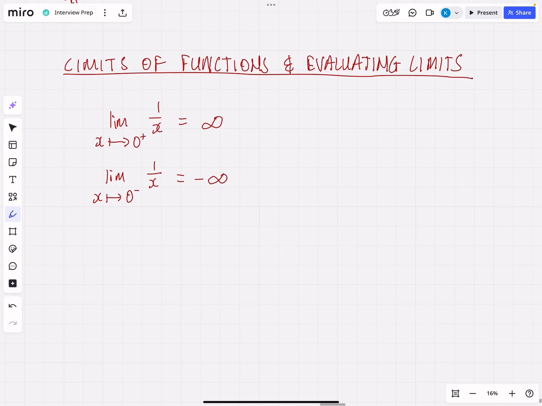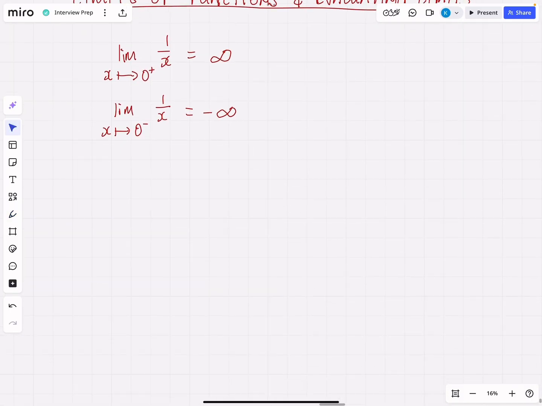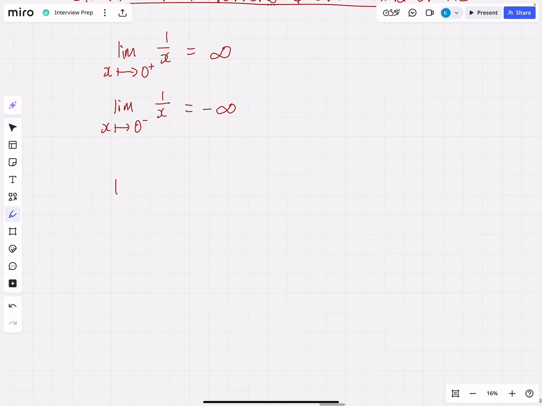Okay? So let's say we wanted to evaluate the limit as x approaches infinity of 2x plus 3 over x minus 1.